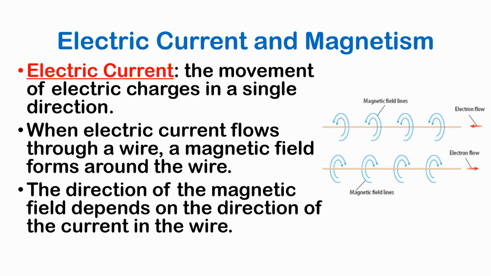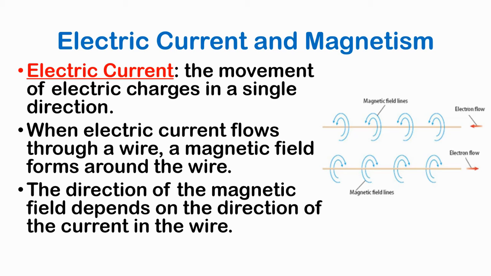On the image over here, there is a direction of where the electrons are flowing and what direction the magnetic field lines are, and we'll talk about that in a second. When electric current flows through a wire, a magnetic field forms around that wire. So there is a magnetic component of electrons flowing down a wire.